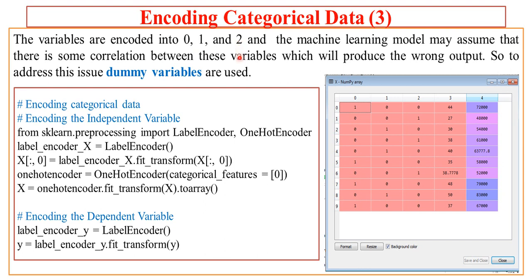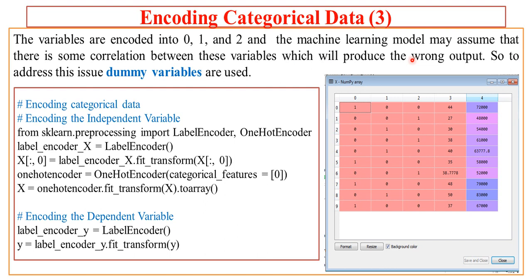But as such, there is no correlation between any of these two countries, because the product purchased by any of the clients from France has nothing to do with the product purchased by the client from Germany, because these are independent clients. They don't have anything to do with each other. But our model will interpret this in that correlation sense, and we'll be getting wrong output.